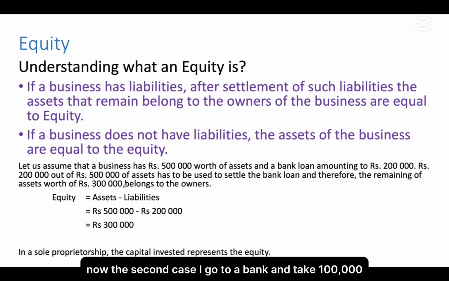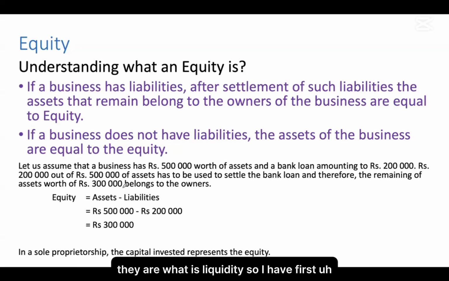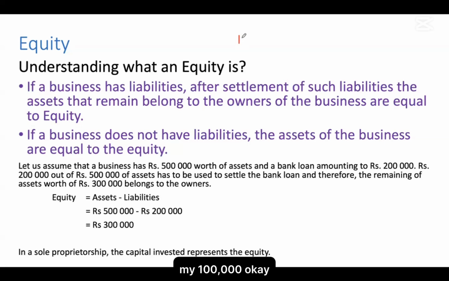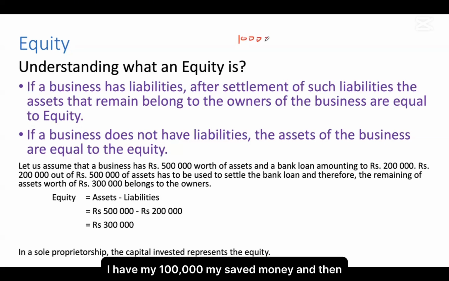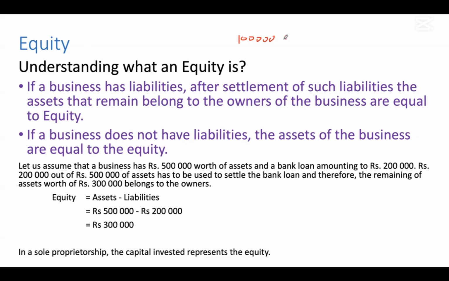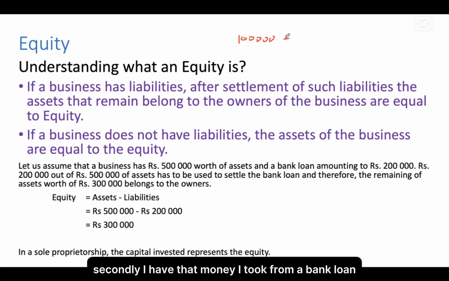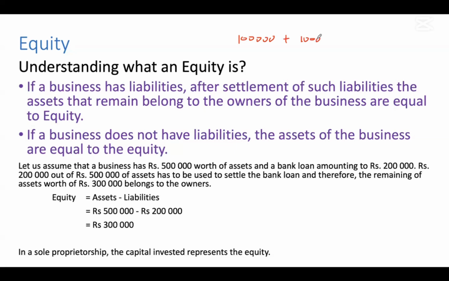Now, the second case, I go to a bank and take 100,000. There, what is the equity? I have first my 100,000, my saved money, and secondly I have the money I took as a bank loan.